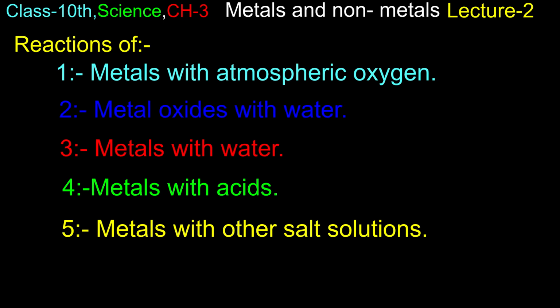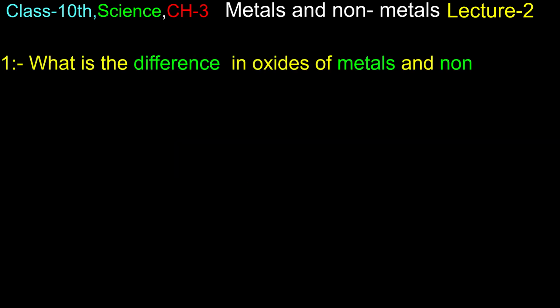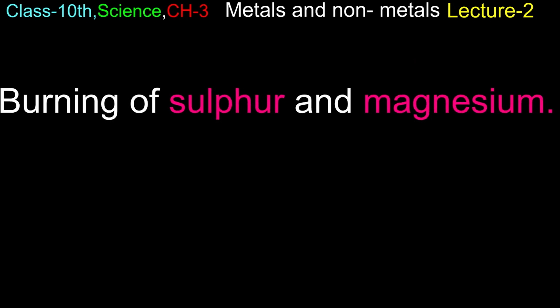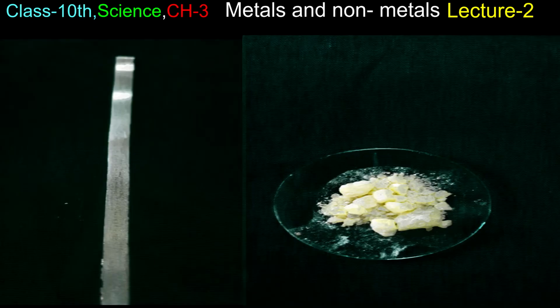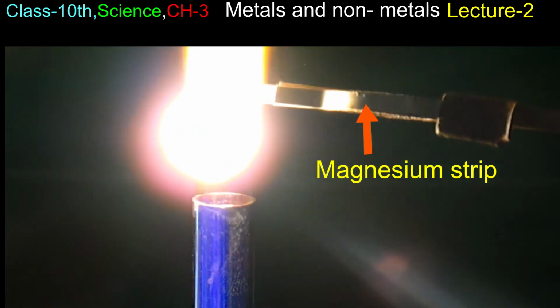First, let us do an experiment to find out the difference between oxides of metals and non-metals. In this experiment, I burn sulfur and magnesium. You can identify that this is a metal piece, which is magnesium, and this is a non-metal, sulfur. First, I burn magnesium.